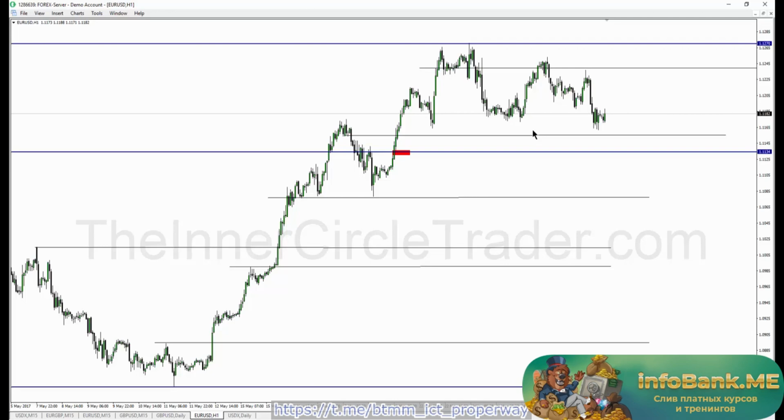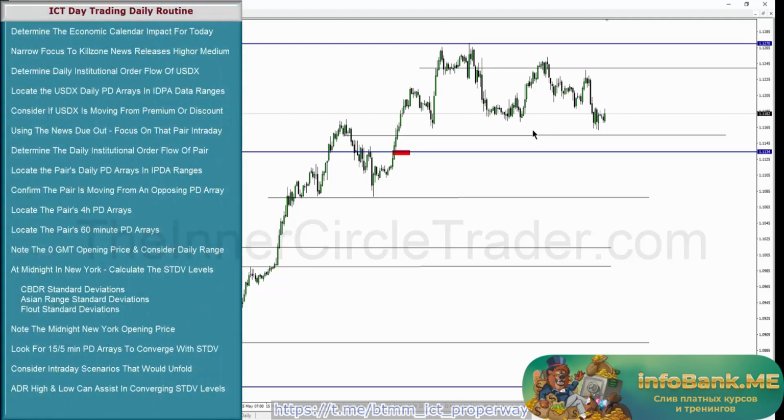So by having those deviations and also incorporating the average daily range, if there's a confluence of those standard deviations, ADR, and a PD array on a 15-minute basis, or the 60-minute or 4-hour PD arrays, then you know there's a high probability for price to want to expand higher or lower to those respective levels.